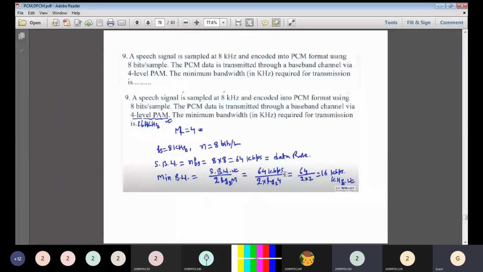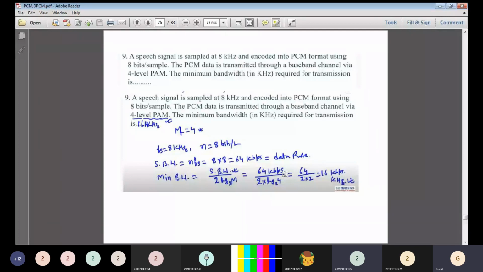Next question. A speech signal is sampled at 8 kilohertz and encoded into PCM format using 8 bits per sample. The PCM data is transmitted through a baseband channel via 4-level PAM. The minimum bandwidth in kilohertz required for transmission is. So, what are the data they are given?